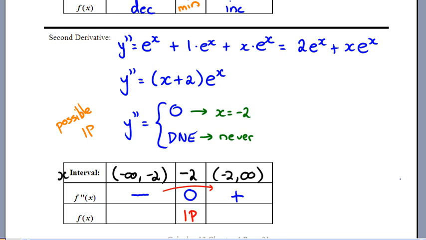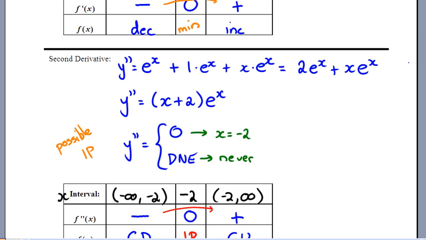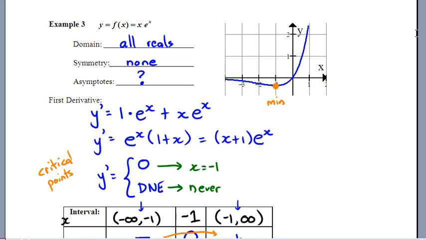Descriptions I can throw at this function, I could say the graph is concave down and then it goes to a concave up graph. But just watching that second derivative make the switch, I know I've got an inflection point. And sure enough, at -2, there is this beautiful inflection point, a little change in the bendiness happening right there.